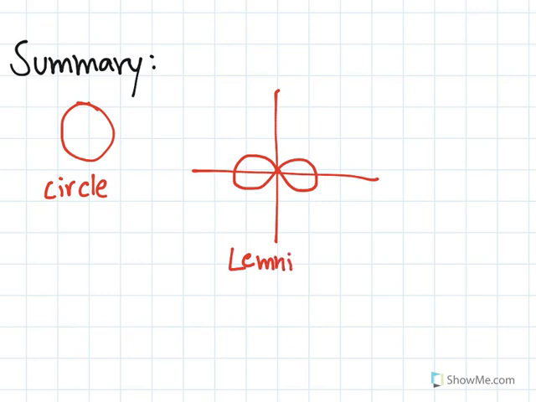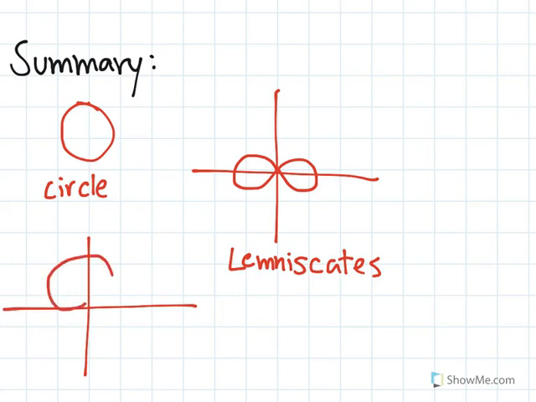So we've got this type of graph. Okay, so additionally you may see graphs that look like this. And those have a name. So you may be asked questions on your test where you're asked to identify the type of graph it is.